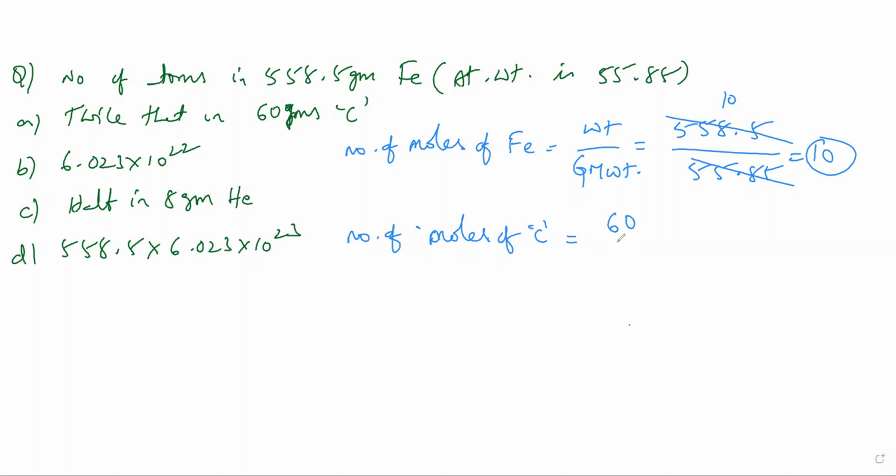Weight is 60, atomic mass of carbon is 12. That gives 5 moles, which is exactly half of 10 moles. So the number of atoms in 558.5 grams of iron is twice that in 60 grams of carbon. So the first option itself.